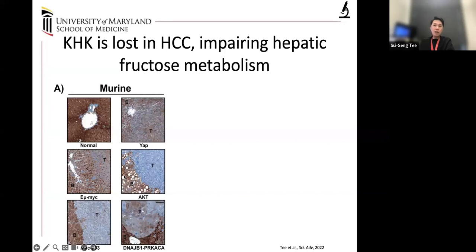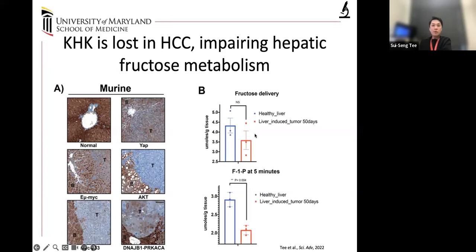So again, KHK is lost in HCC. Not only is KHK lost, the ability to break down fructose is also much lower in liver tumors. Here we used mass spec, and we can see that there's much less fructose in the livers of these mice with tumors. And F1P, fructose 1-phosphate, which is downstream of KHK, is also suppressed.